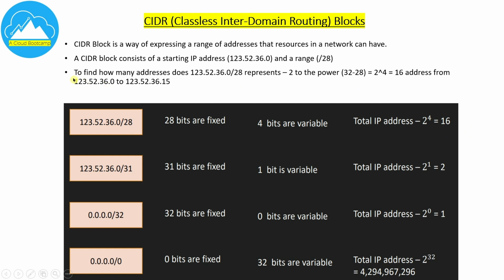I have also mentioned that to find out how many addresses this CIDR block 123.52.36.0/28 has, you need to have 28 bits which are fixed and 2 to the power 32 minus 28, which is 2 to the power 4, which is 16 addresses, starting from 123.52.36.0 to 123.52.36.15.